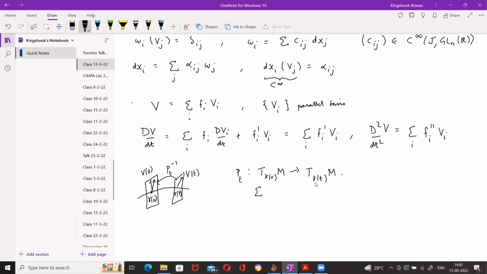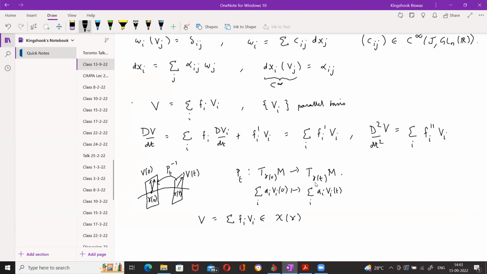If I write things in terms of the parallel basis v_i, it takes a vector summation a_i v_i(0) to summation a_i v_i(t), right? Now if I look at, say, V equal to summation f_i v_i, this is any vector field along gamma.